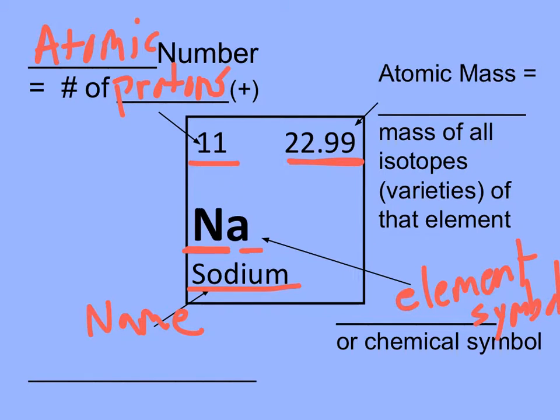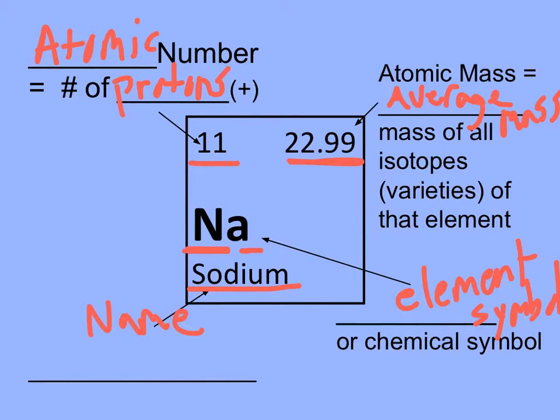And the atomic mass is the average mass. It's the average mass of all the isotopes or varieties of that element. Some elements can have many different types of isotopes, and so it's an average of all those together.